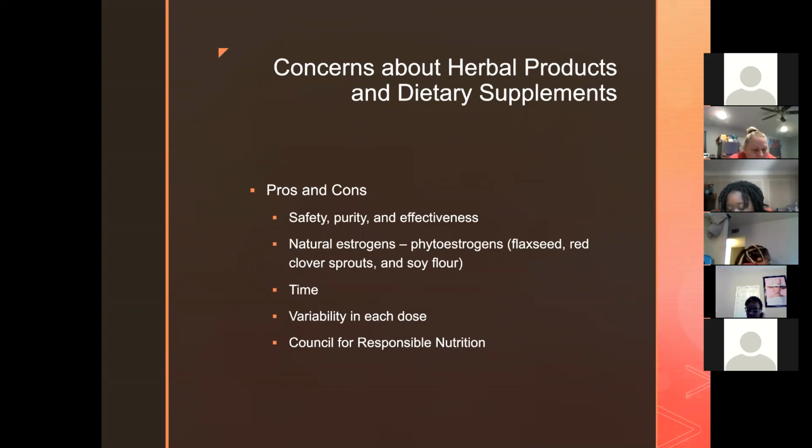So any concerns about those herbal products and dietary supplements that we might see? We love them, especially if we are more interested in earth things. Usually they're more pure than any of those meds that have been created in a lab, right? We think they're safer, if we haven't done the right research on the medication before we start to take it.